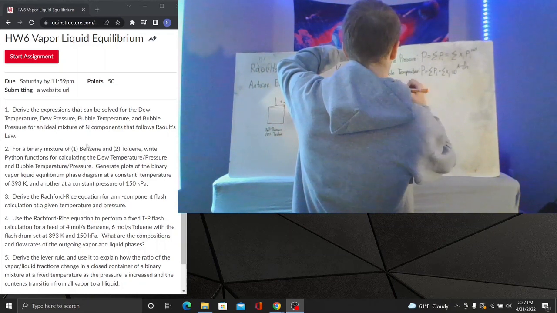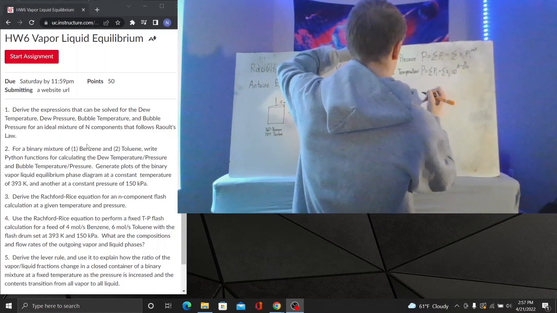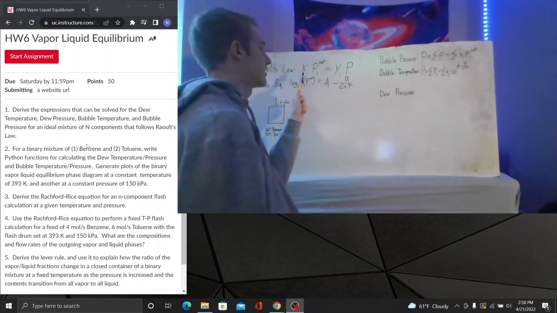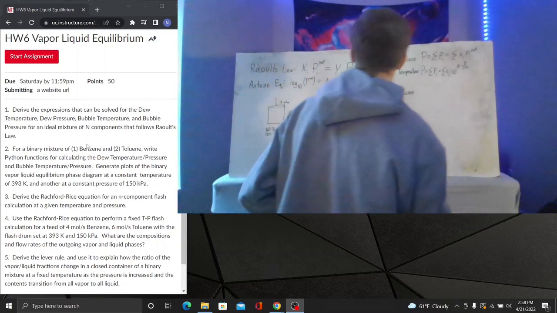So what's that going to look like for our equation? So our dew pressure equation. We're going to start off with Raoult's law, but we're going to solve it for our mole fraction in the liquid phase.